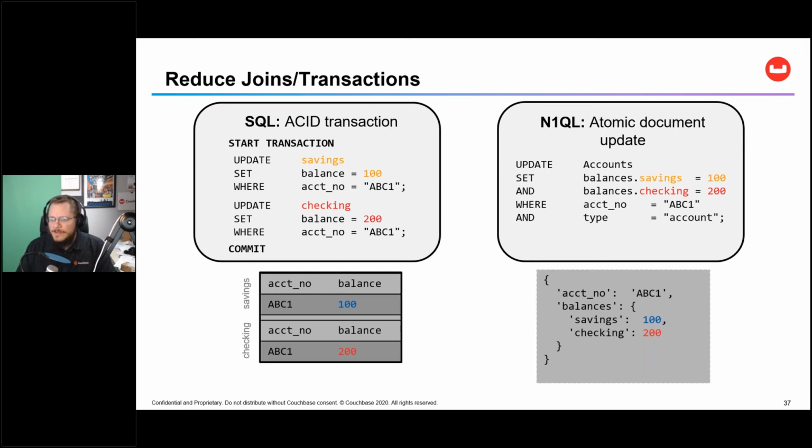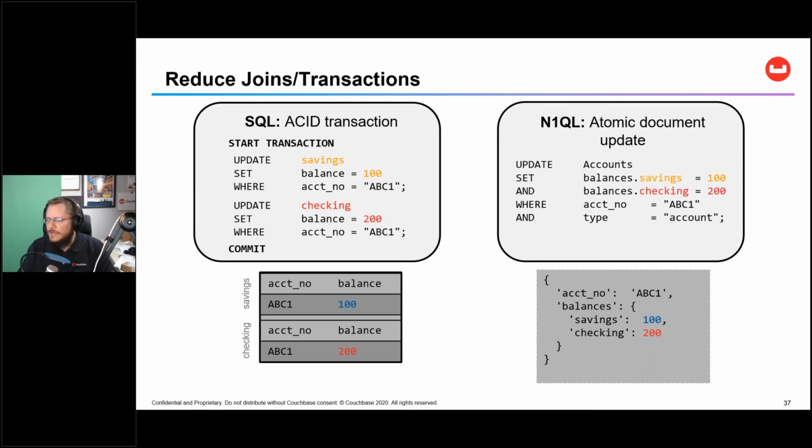Okay, a question came in. What would happen in terms of query order in an atomic document update if a debit and credit were applied to the same balance field? Same balance field. I don't think I quite understand that.